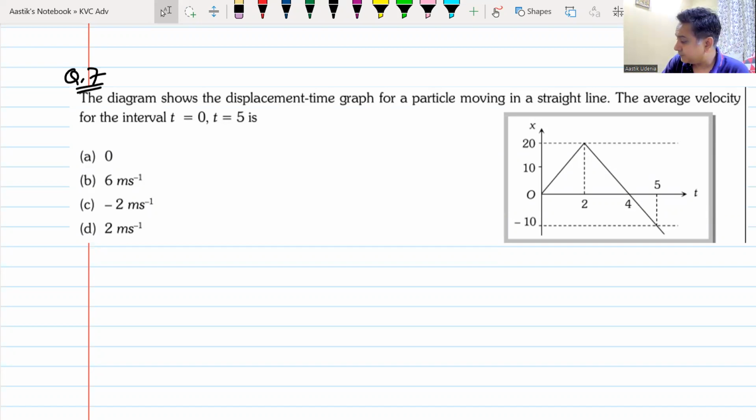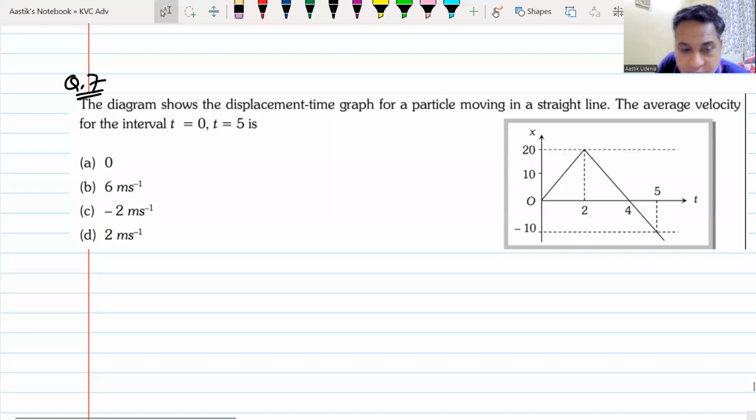What is the answer for this one? The average velocity for the interval 0 to 5.